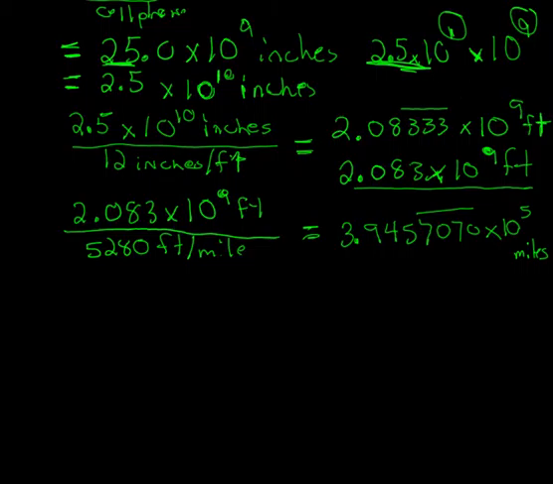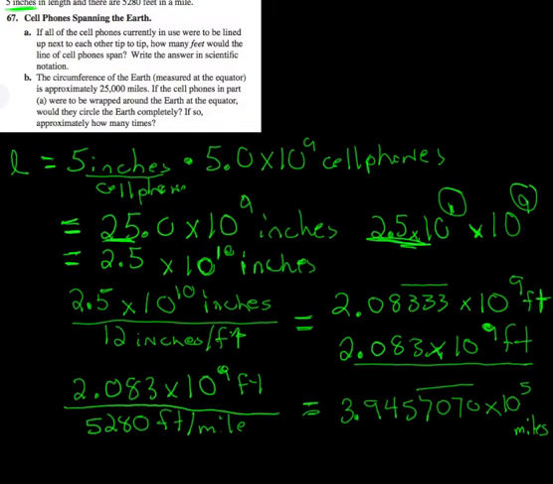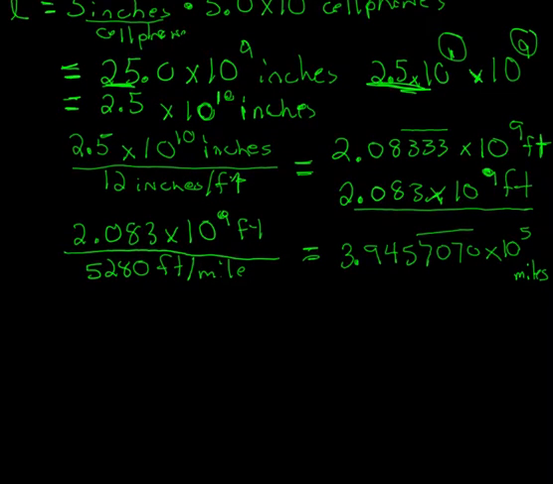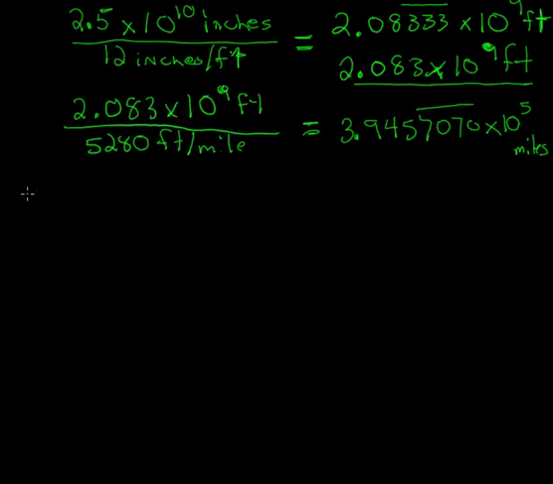And so what is the circumference of the Earth? The circumference of the Earth is 25,000 miles. Well, 25,000 miles in scientific notation can be written as 2.5 times 10 to the 4th.